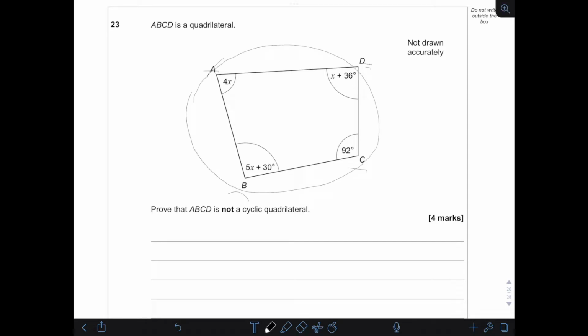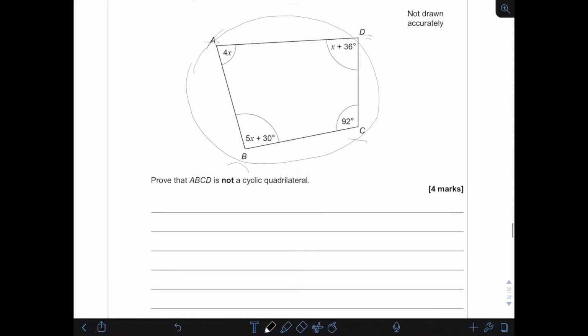So something like that, and we need to prove that that's not possible. This is a tricky question actually. We can first work out x, that's a starting point.